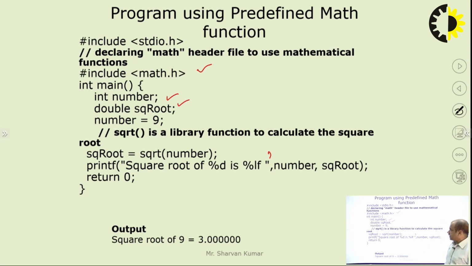Number is of integer type and square root is of double type. We define the value of number equal to 9. After that we use the sqrt function. The sqrt function is defined in math.h and we pass the variable number, which has the value 9.